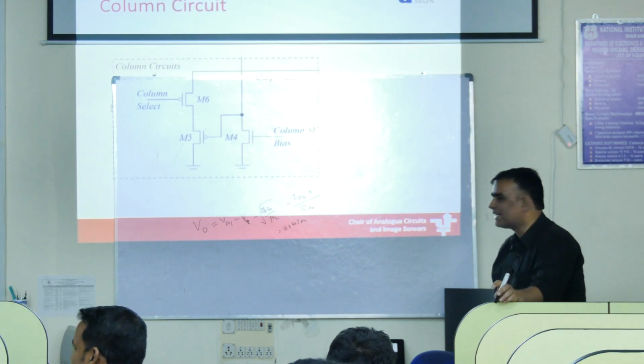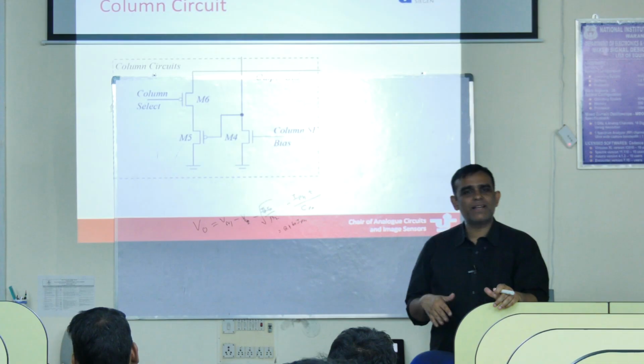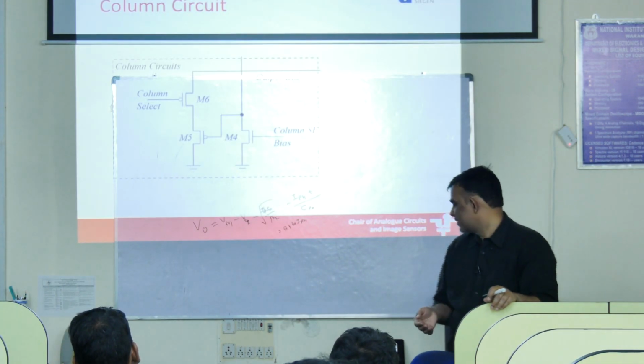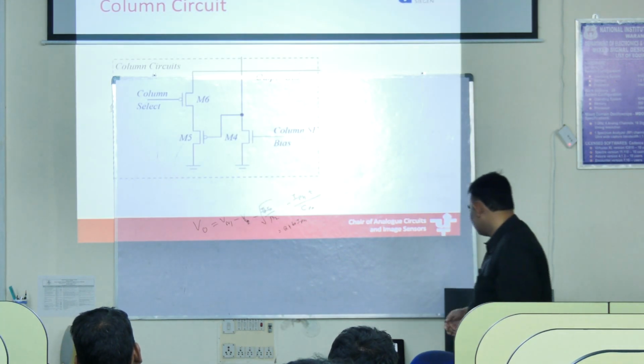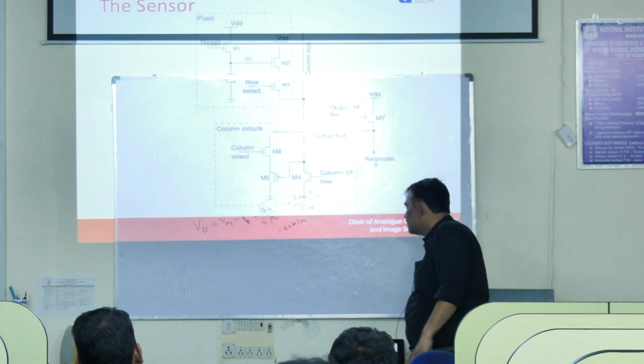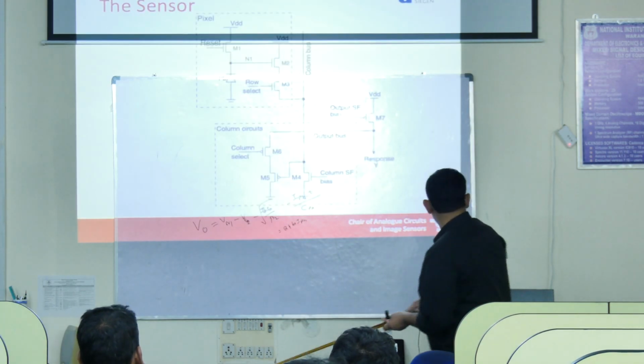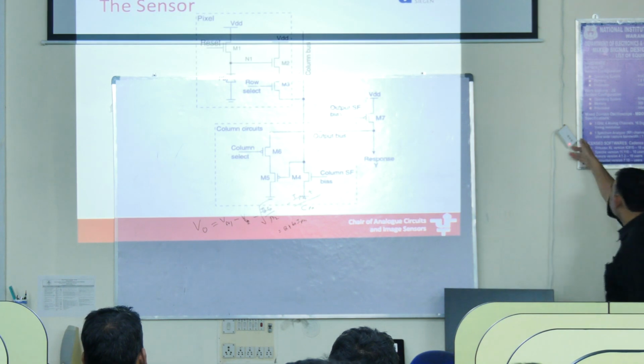So on the column side, you could have a similar kind of source follower selector as well. So the bottom line, our pixel looks something like this. Now we'll bring it down a bit.